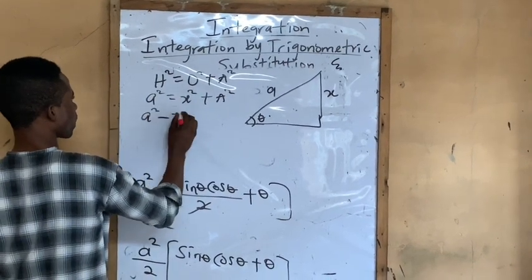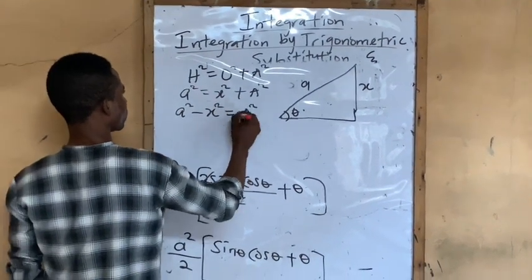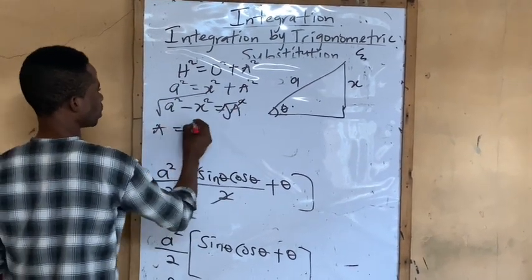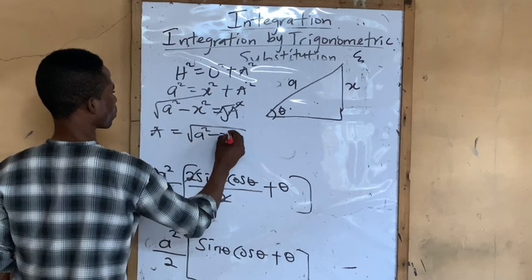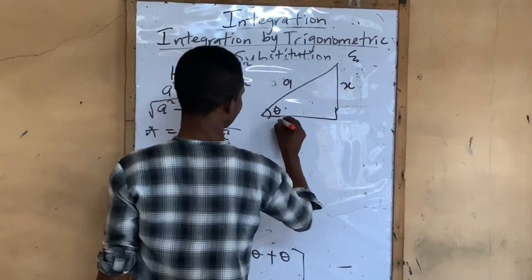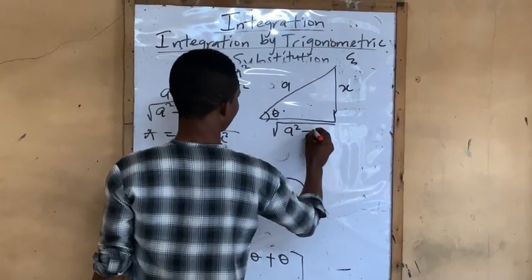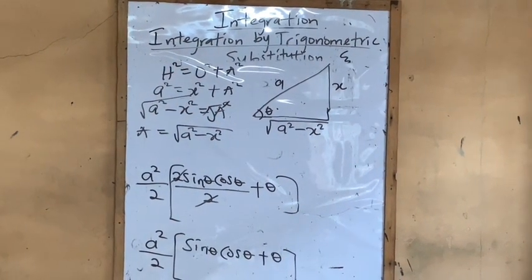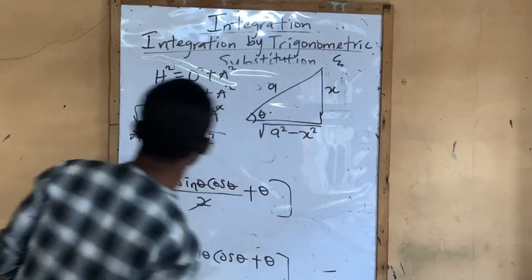If I do it like this, what is the adjacent? Square root of a squared minus x squared. That is the adjacent.